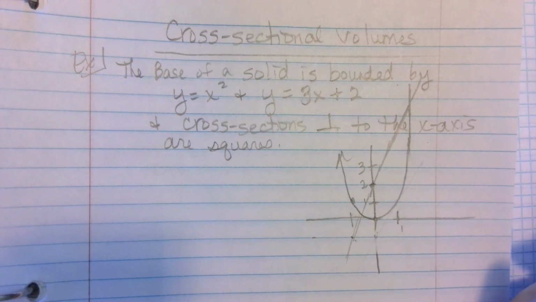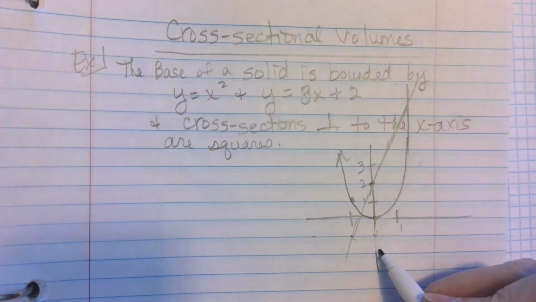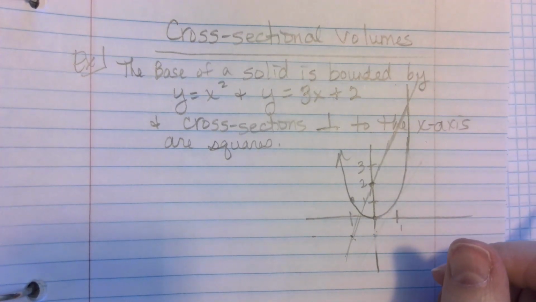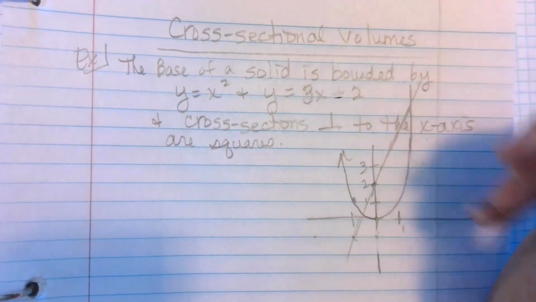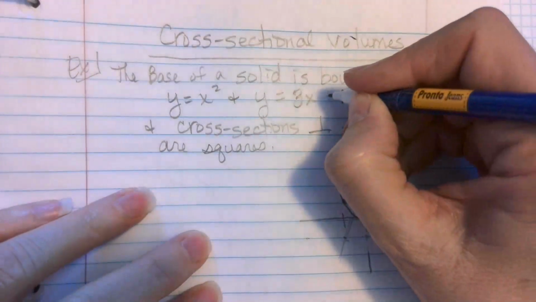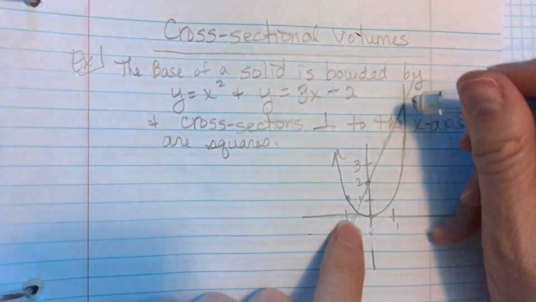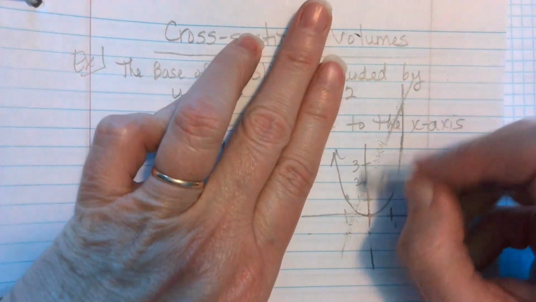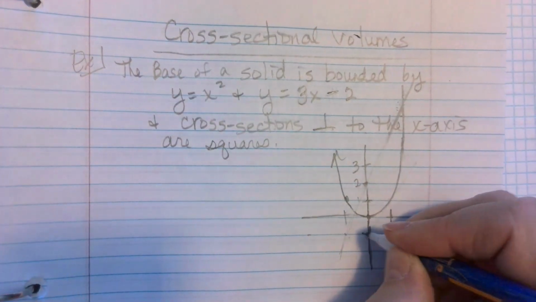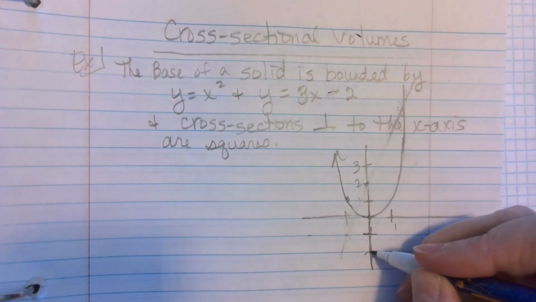Now, I wanted it to be nice, even intersections, and these are not. I'm sorry, people. So I'm going to force it into being nice and even. Let's try it. 3x minus 2.